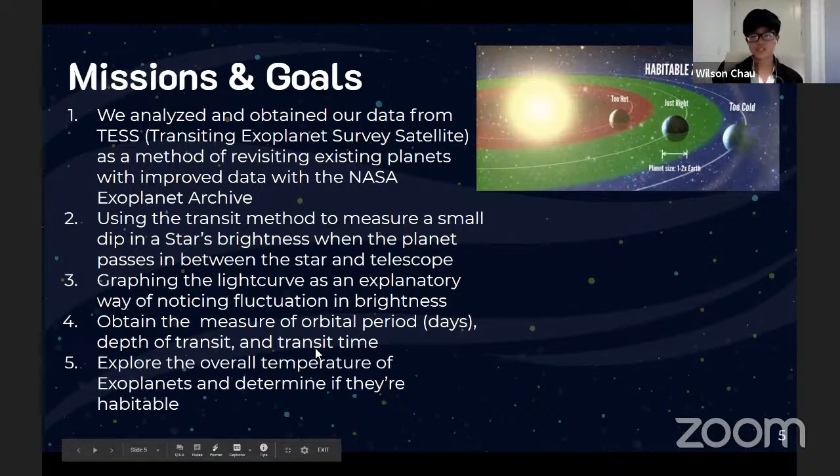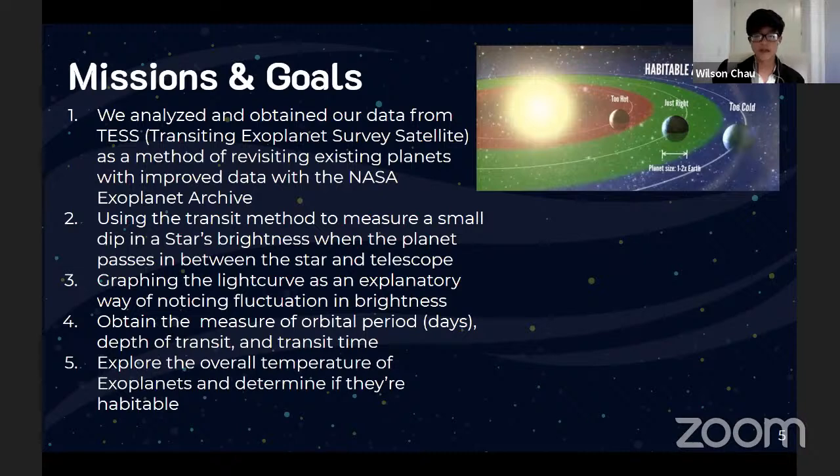And so, moving on to missions and goals. We analyzed and obtained our data from TESS, as a method to revisit different existing planets with improved data from the NASA Exoplanet Archive. Using the transit method, we measured the dip in the star's brightness. When the planet passes in between the star and the telescope, you would see a dip in the curve.